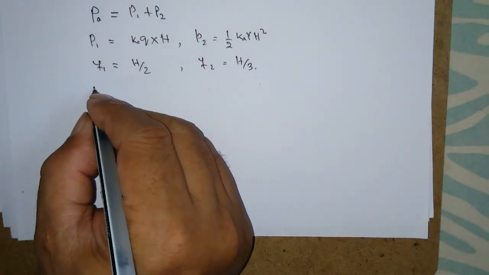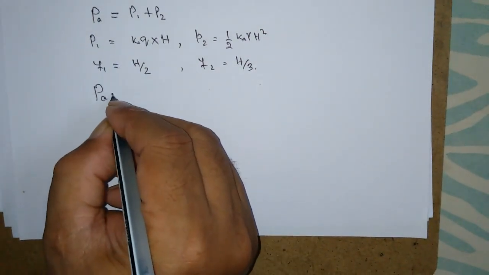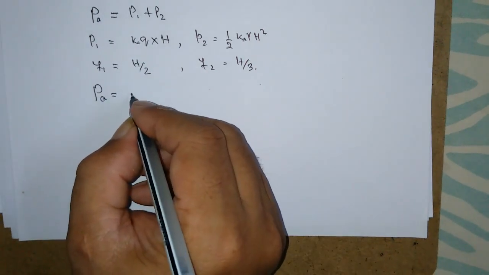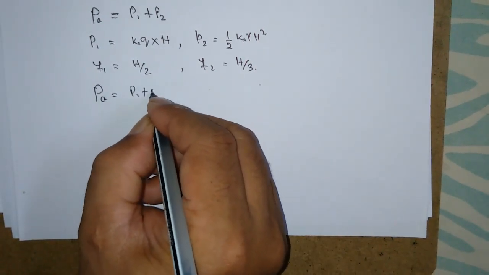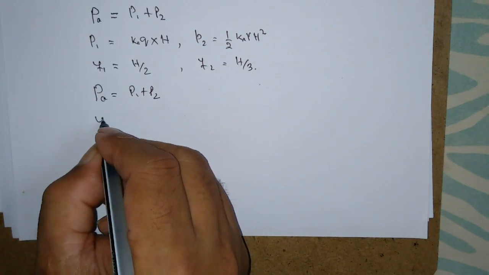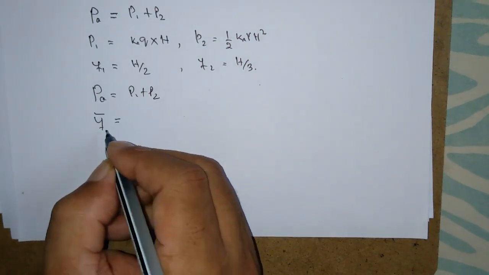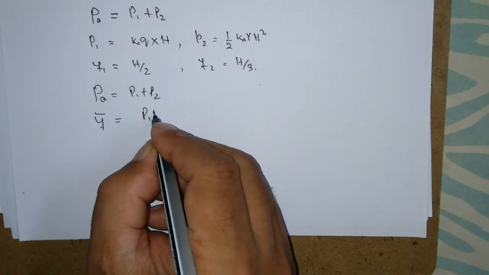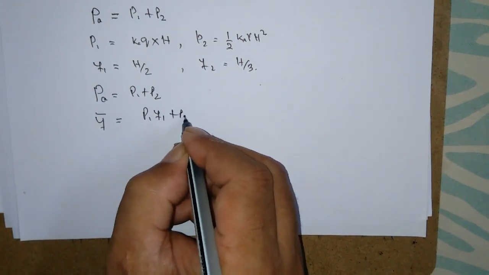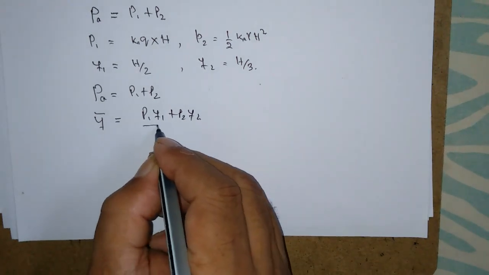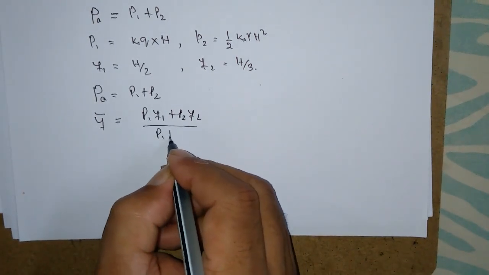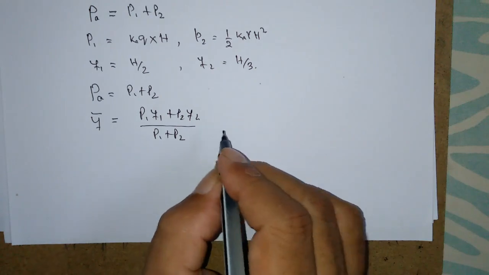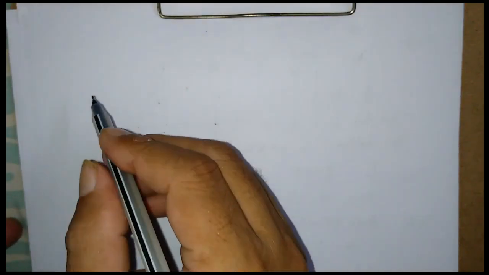Now the total active thrust PA is equal to P1 plus P2, and it acts at, suppose it is Y bar, equal to P1 Y1 plus P2 Y2 divided by the total of this one. This is the case. Now case 3.